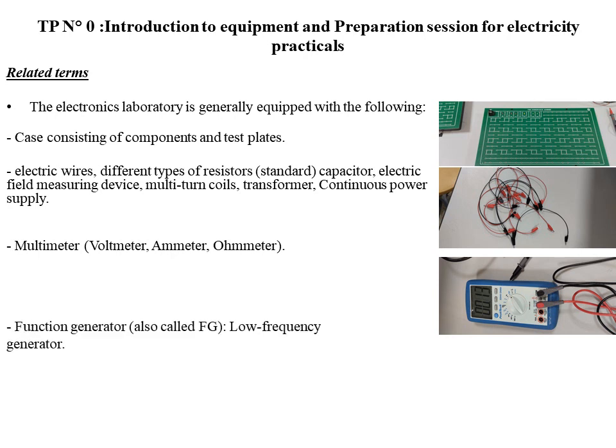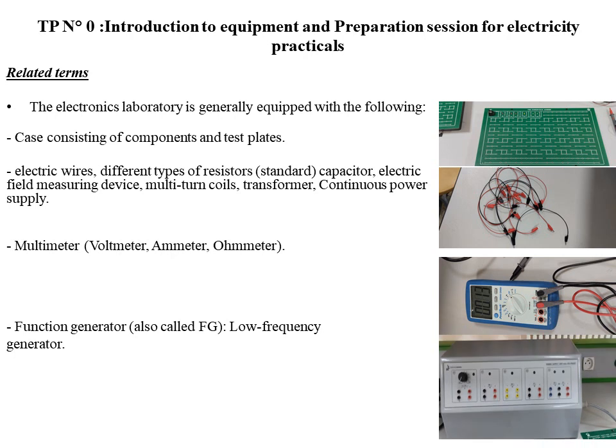And finally, we have the function generator, a type of electronic test equipment used to generate various types of electrical waveforms as output signals, such as sine waves, square waves, triangular waves, sawtooth waves, and more. All the pictures were taken from my laboratory.